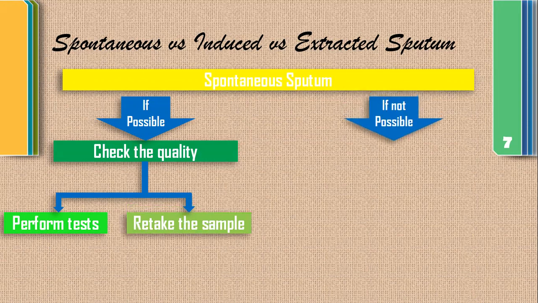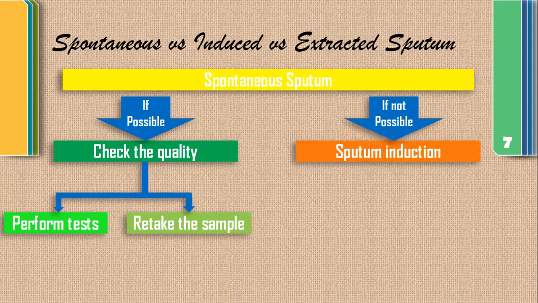Now if spontaneous expectoration by the patient is not possible, then we have to induce the sputum. We have to perform sputum induction by nebulized inhalation of hypertonic saline. If induction gives us the sample, then we either perform the test or retake the sample after checking the quality.